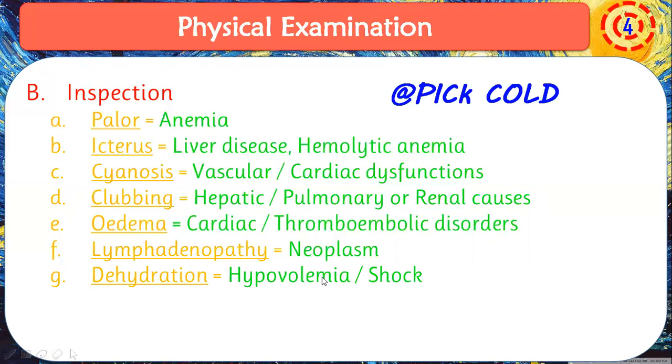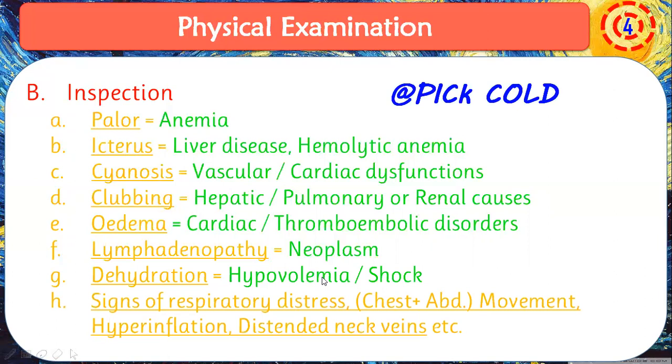So the next thing that we'll be looking at is the cardiovascular and respiratory signs and symptoms in inspection. For example, the signs of respiratory distress such as increased use of accessory muscles or nasal flaring, tripod position, etc. And both chest and abdominal movement and hyperinflation of lungs or distended neck veins or any other things that are prominent on the inspection of the cardiovascular and respiratory system.